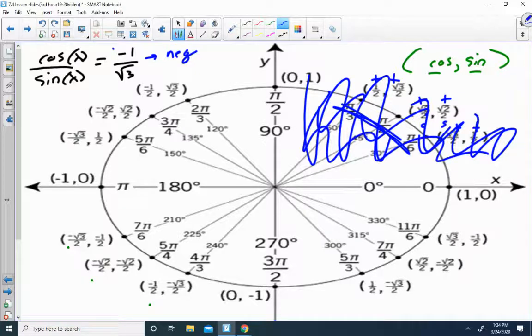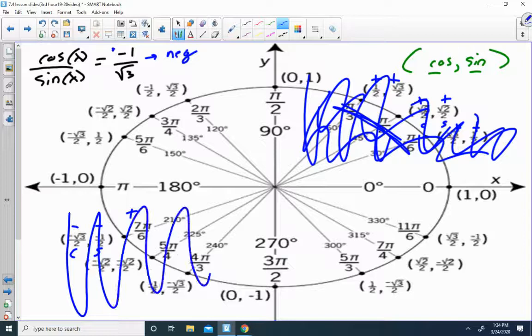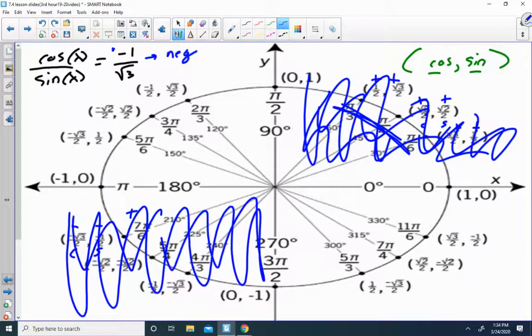The same thing happens in quadrant 3. If you did cosine divided by sine for each of these, you would divide a negative by a negative, which gives a positive, and that's not what we want. So anything in quadrant 3 is a no-go. Now we're left with the challenge.